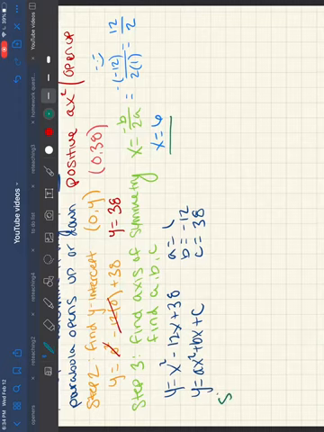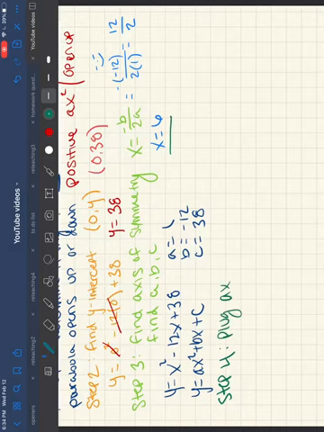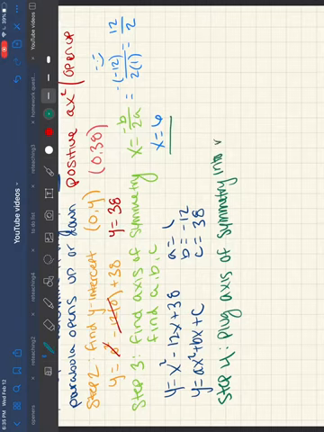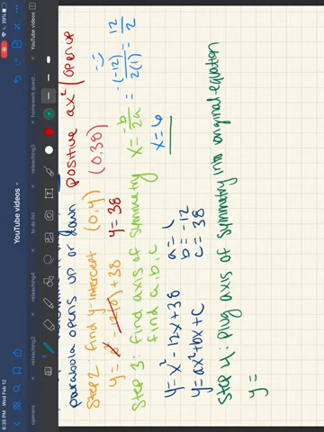So step 4, plug axis of symmetry into original equation. Okay, so that's going to give us y equals 6 squared minus 12 times 6 plus 38.